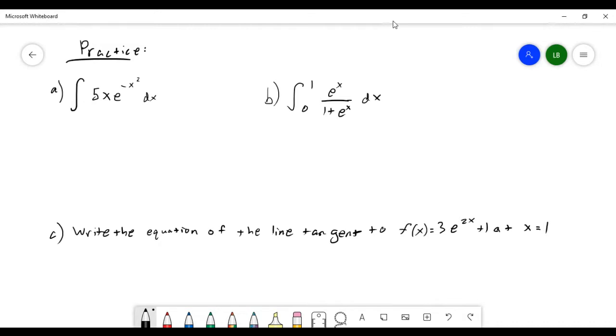Okay, go ahead and give these three problems a try. And if you get stuck on one, don't worry about it, just see if you can solve the others.